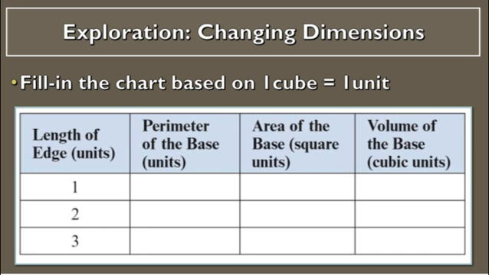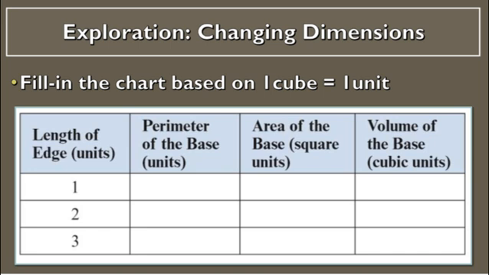Now let's look at what happens to our dimensions when we are changing from one dimension to another. So we're going to fill in the chart based on a cube of edge length 1 unit. If the length of the edge of a cube is 1, what is the perimeter of the base? The base is a square.